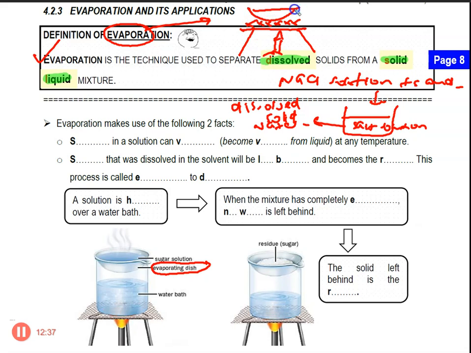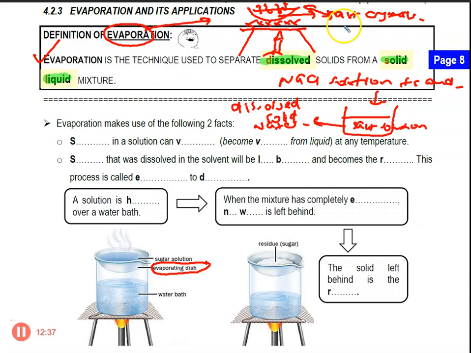So this is your salt solution. The water will then evaporate to form water vapor, leaving behind all your salt crystals. Now, that is how you are able to separate the salt from the solid liquid mixture, because salt was originally dissolved.